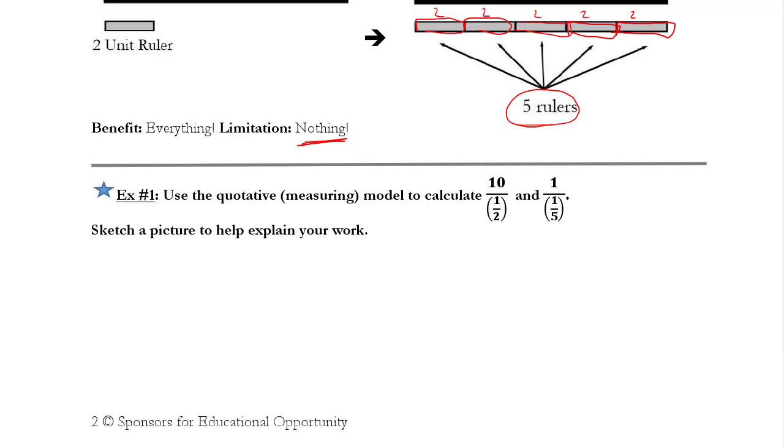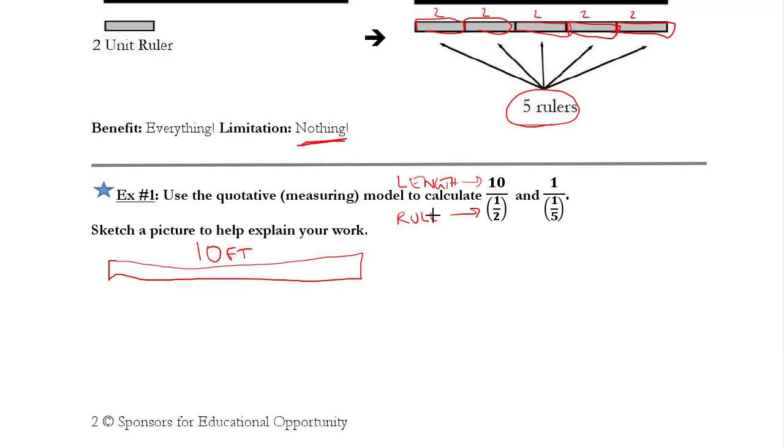Okay, so let's start real quick. Using this measuring model, 10 divided by 1/2 says that I have a length of 10, let's just call it feet. So here we're interpreting the numerator in this fraction as a length, and the denominator as a ruler.